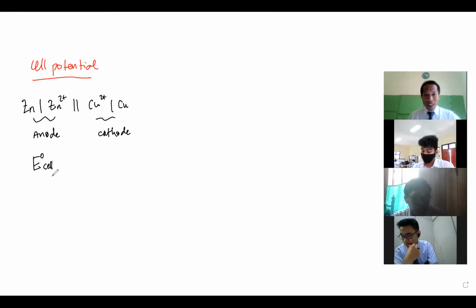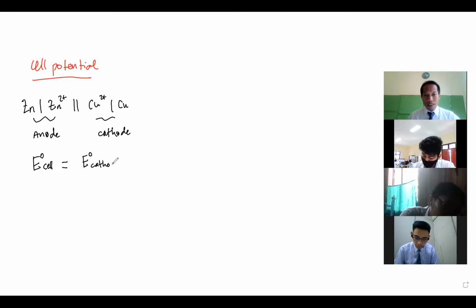It's very easy. The formula to find the E0 cell is E0 cathode minus E0 anode. This is the formula. Let's check for our voltaic cell in our example.